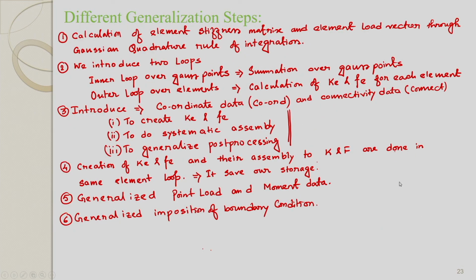Thus, in this chapter we have generalized a beam FEM code step by step. Briefly, in the first step we calculated the element stiffness matrix and load vector through the Gaussian quadrature rule to take care of any type of loading distribution.